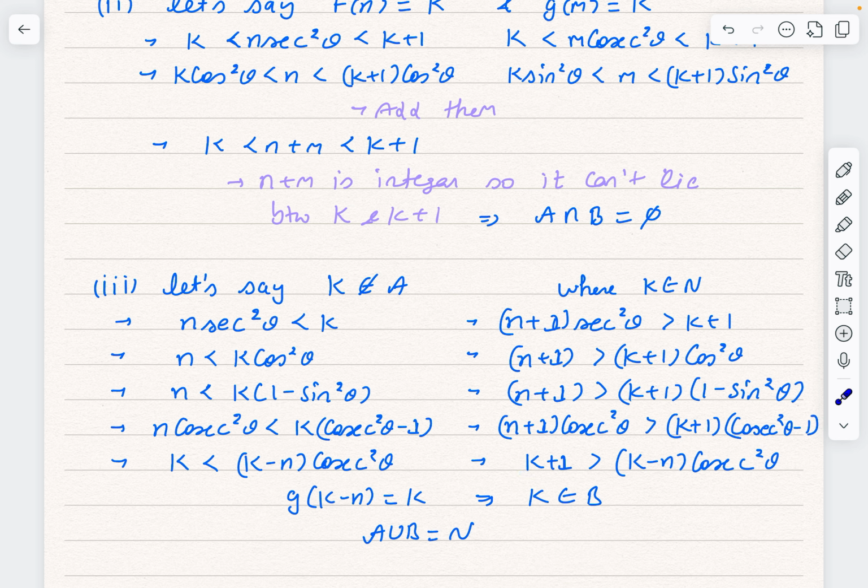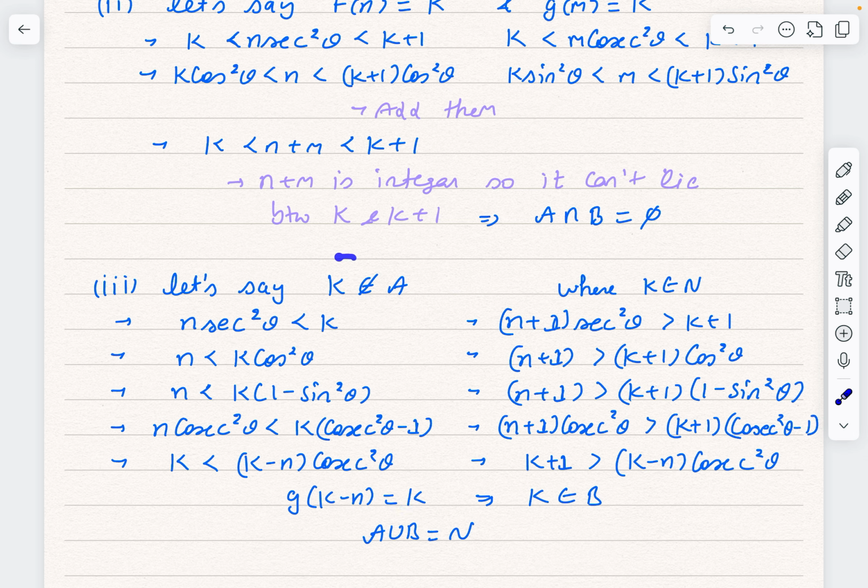What do we say here now? K minus n cosecant square theta is more than k but less than k plus 1. That means if you find g of k minus n, g of k minus n will be the step of this thing. And you see this thing is more than k and less than k plus 1, that means g of k minus n must be equal to k.